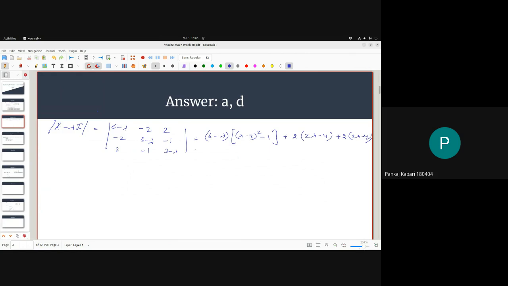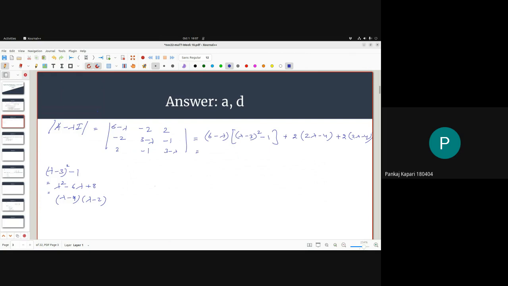Let's write this expression. Lambda minus 3 whole square minus 1 is equal to lambda square minus 6 lambda plus 8, which can be written as lambda minus 4 into lambda minus 2.